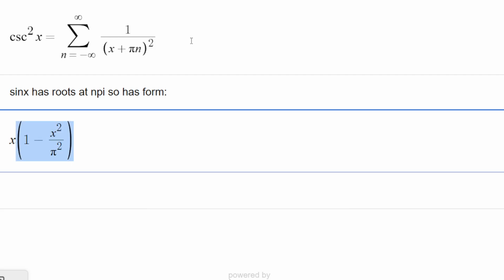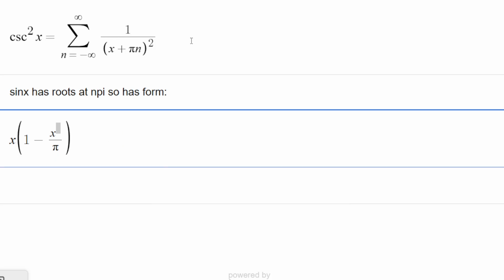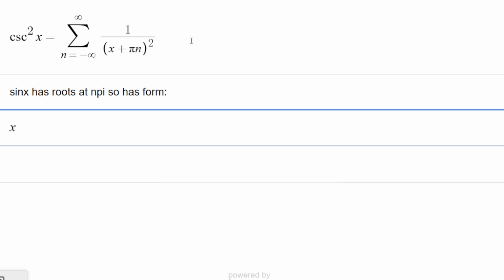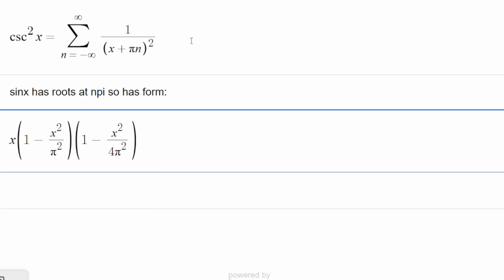But we also need roots at negative 2 pi and 2 pi. So we can get those roots by just adding a new term and putting a 4 right there. So now you can see we have roots at 2 pi and pi. And then we add another term, and we get this, and then another term for our roots at 4, we can get this, and then it continues.